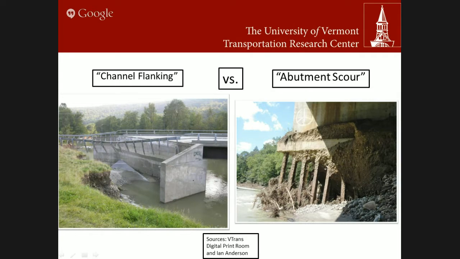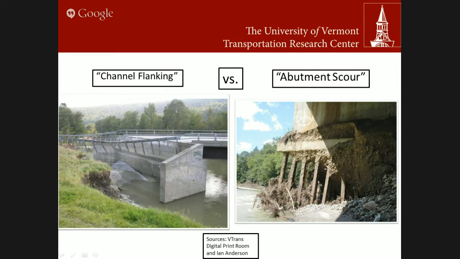So when talking about scour, there are some significant differences that are very important, especially when we're talking about the future research that I'm going to do, which is the difference between abutment and pier scour versus channel flanking. Both fall under bridge scour. However, abutment and pier scour is the removal of bed material from underneath the bridge foundation itself and directly around it.